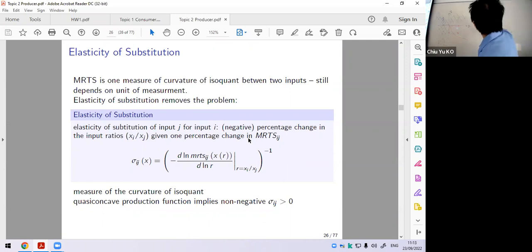And the MRTS comes from here. Just say if you change from this, you rotate a little bit, you go down a little bit. This is a change of the denominator. How it changes this slope, and then the inverse. I don't know whether you get it, but it took me quite a long time to understand what's going on.